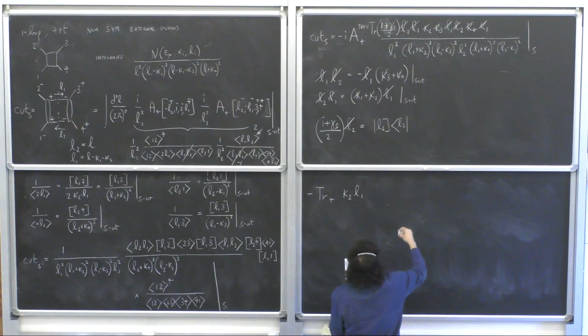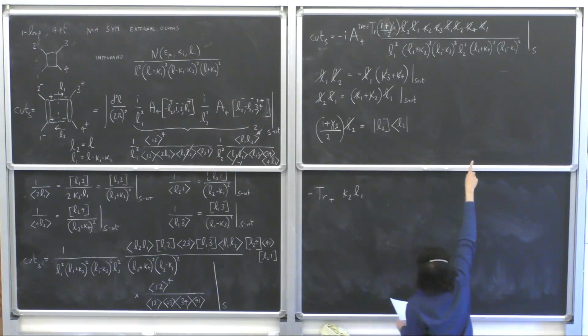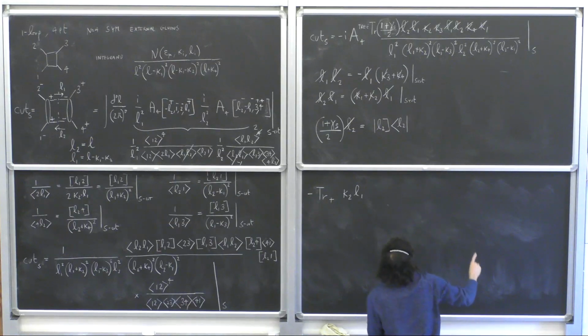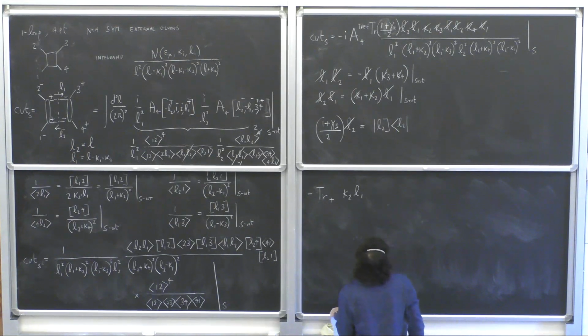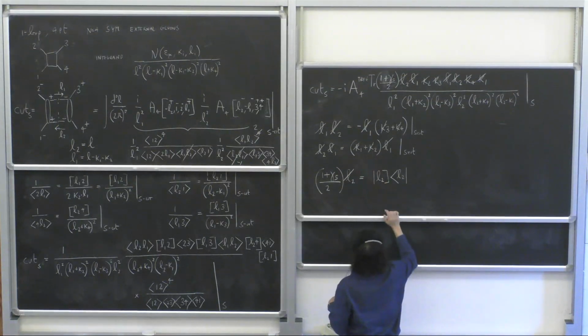So I start from L2 and L1, so I write this as K2 L1 because I remember that the last one in the trace was a K1, so it's cyclically adjacent to the other K1. So only this term survives. This is equal to 0.